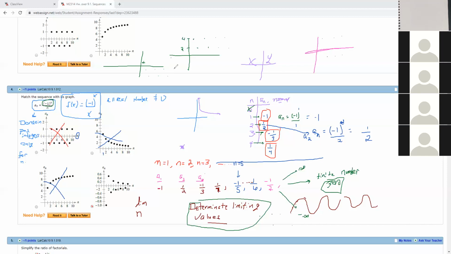They're alternating, but they're always negative, and they're not getting closer to anything. This might be -1, and this might be -4. They are alternating between -1 and -4, but they're not getting closer to anything. So we would say the limit does not exist because of the alternating of these terms or points.